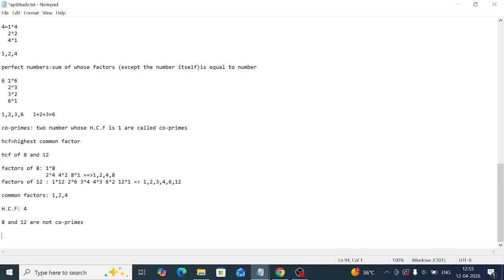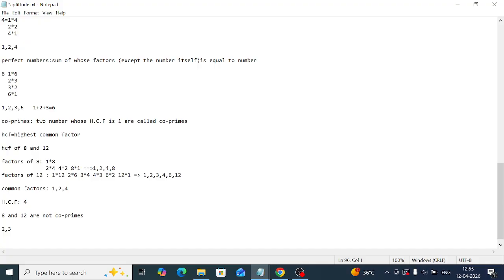Co-primes means what? Co-primes, see, HCF and GCD both are same. See, 2 comma 3 I am taking. 2 numbers I am taking. Factors of 2 are 1 into 2, 2 into 1, that is 1 comma 2.